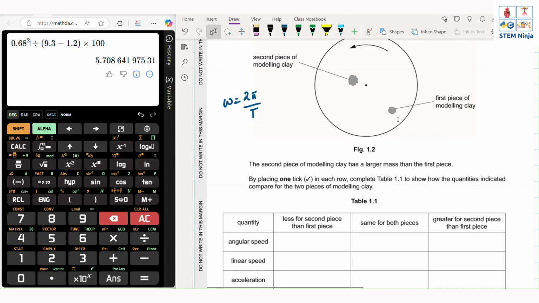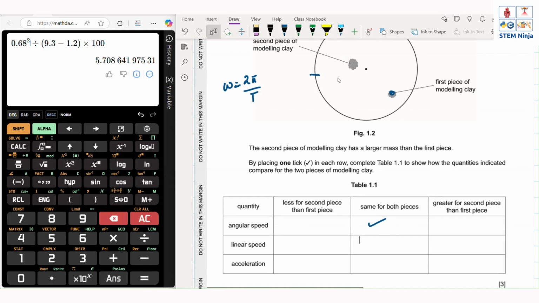The time period to complete 2 pi radians is going to be the same for this object and for this object. So angular speed is the same.